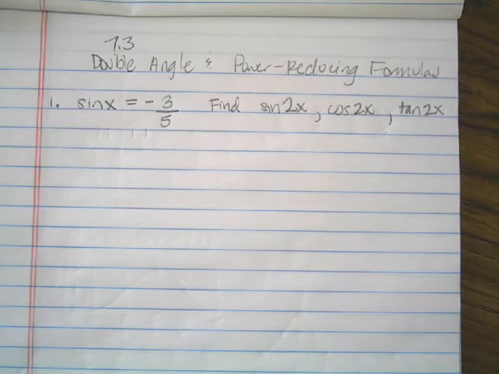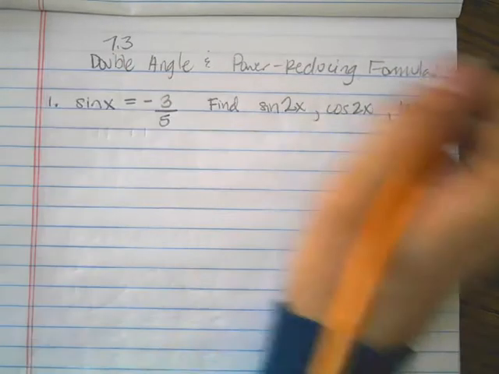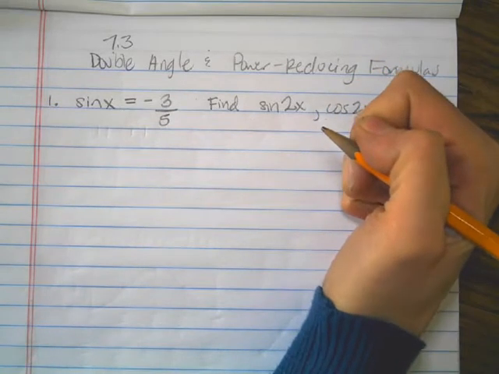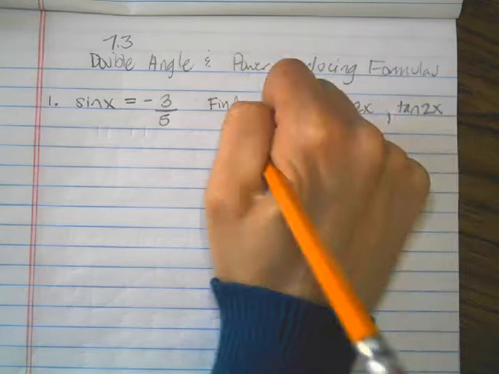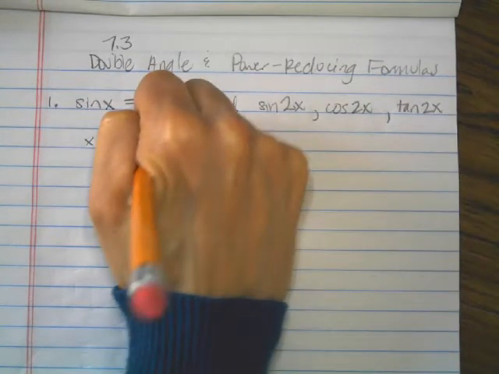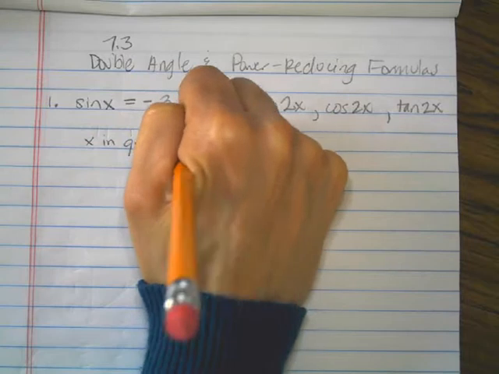And then they'll give you a quadrant, like they'll say this, find this, and they'll tell you that x is in quadrant, and we'll say x is in quadrant 3.